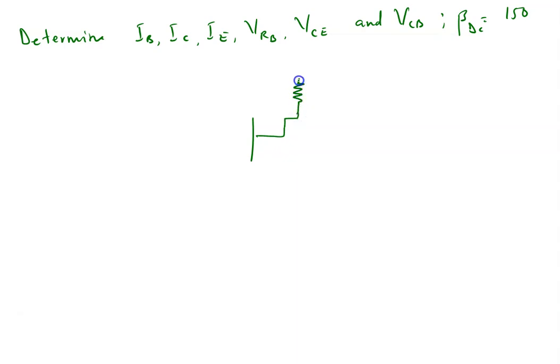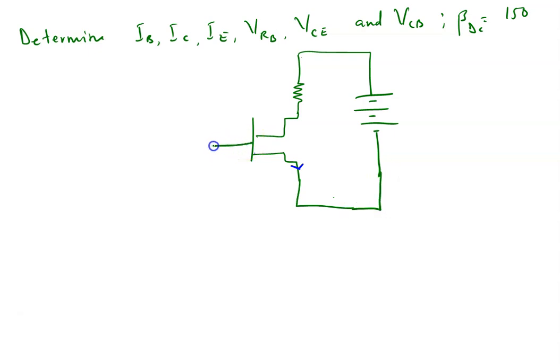We have a resistor here, and aside this resistor too, we have a voltage supply at this end. Then we have our NPN transistor, which is pointing downwards. You get this. And it's connected this way. And at the end we have RB here, which is 10 kiloohms.